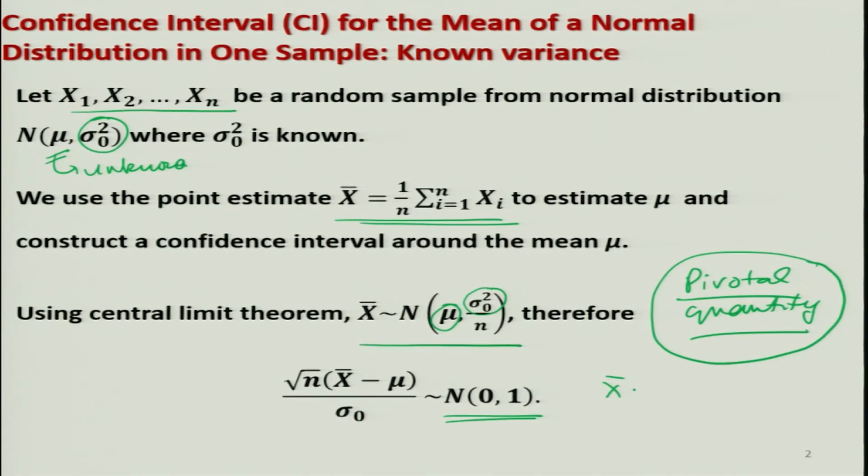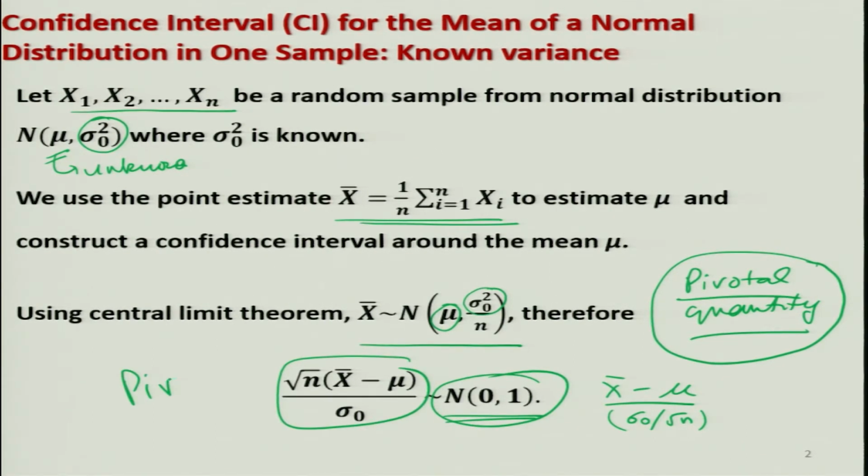This is essentially x bar minus mu upon the standard deviation of x bar, which is sigma 0 divided by square root of n. You can now see that this is your vital quantity. It depends on x1, x2, ..., xn and mu, but its distribution is normal 0, 1, which does not involve any unknown parameter mu.